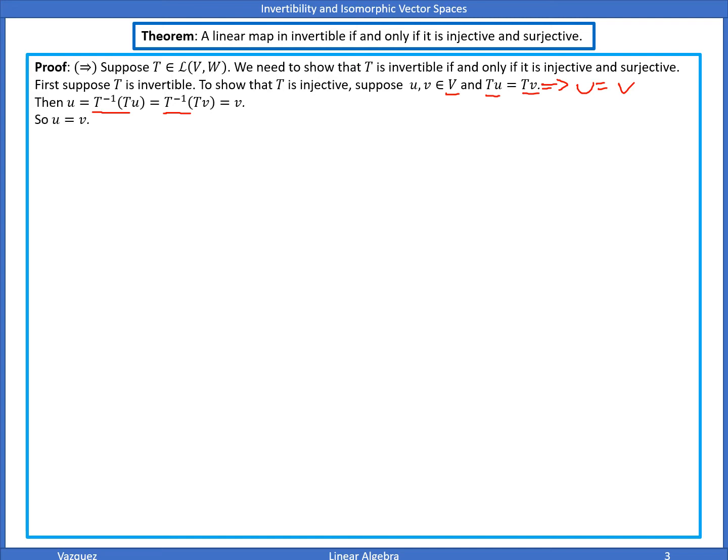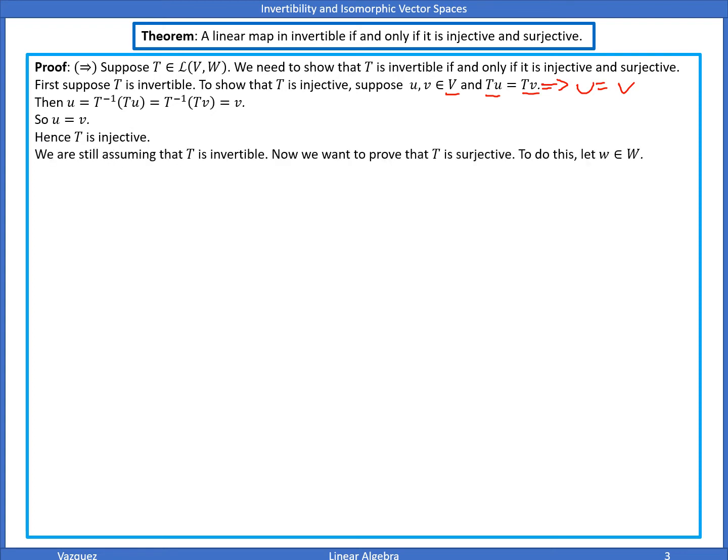Well, that U is equal to V. And again, this here is the identity mapping, so it really doesn't affect U. It lets us show that indeed U is equal to V. So that shows injectivity.